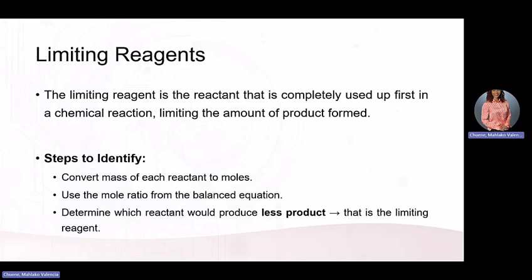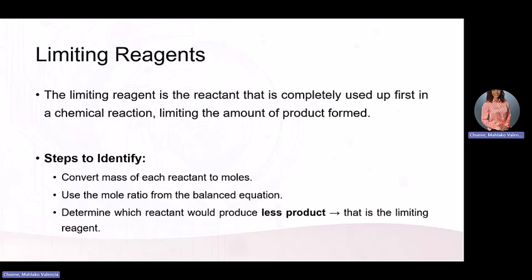All right, and then you use the mole ratio from the balanced equation. So after having the mass, you're going to then find the mole ratios. All right, then you're going to have to determine the reactant that would produce less product.